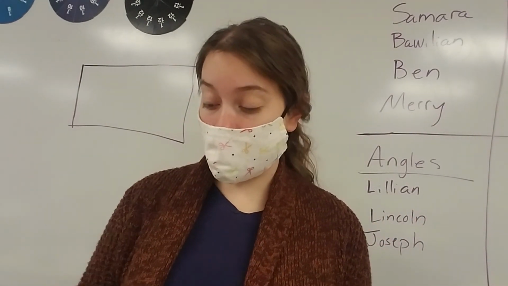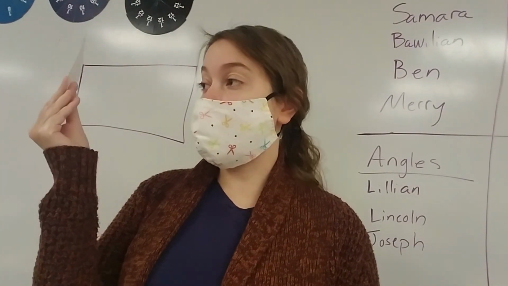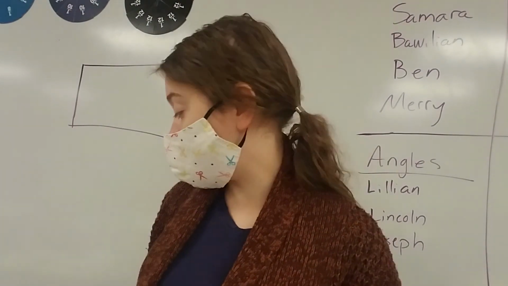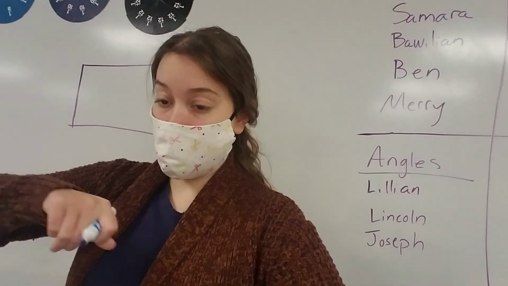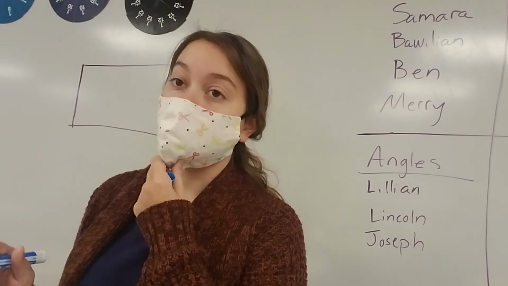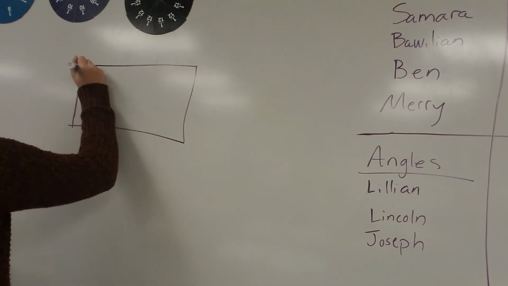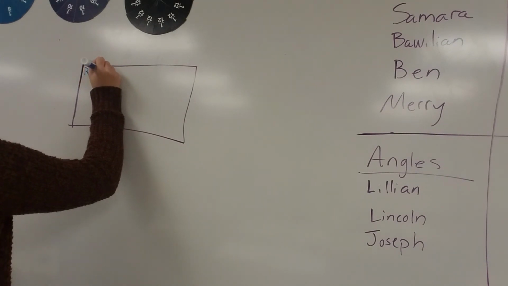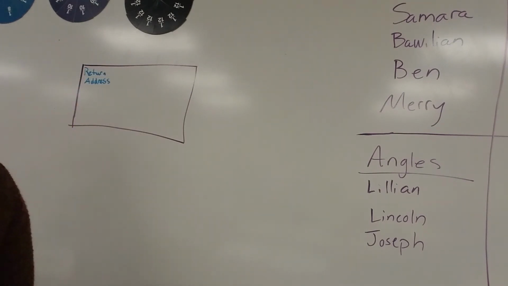So what I want you to do is get out your index card, and I want you to look at the white side, the side that does not have the lines, okay? So, I am going to be writing what I want you to write up here, okay? So, in the top left corner, you're going to put return address. Return address in the top left corner.